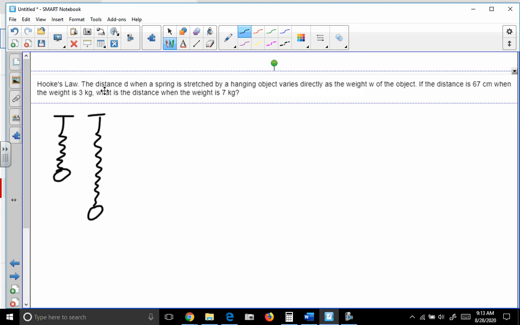So Hooke's law says that the distance d, when a spring is stretched, varies directly. So K times the object's weight. This is a direct variation because it's a product: constant times the weight.